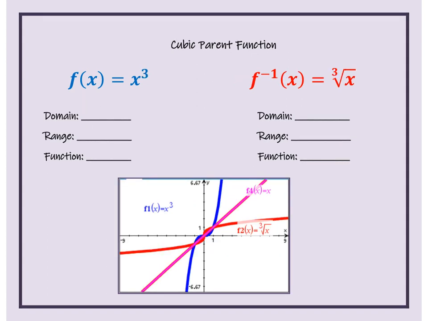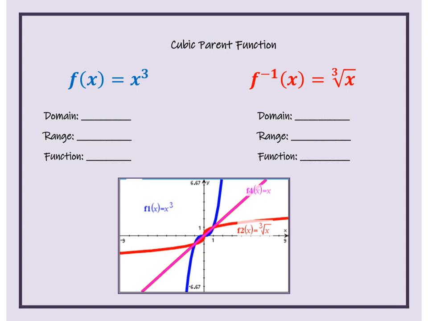Okay, let's talk about cubic parent functions. Now, terminology: this is a cubic parent function. The inverse is a cube root function. This blue graph down here, it's kind of a pretty graph, is my cubic. We just finished doing cubics in the last video we did.